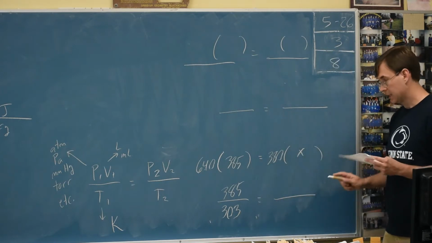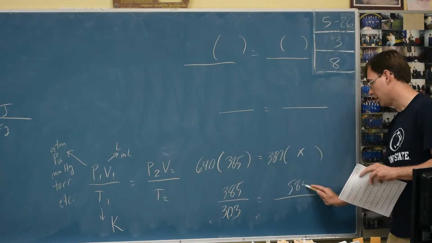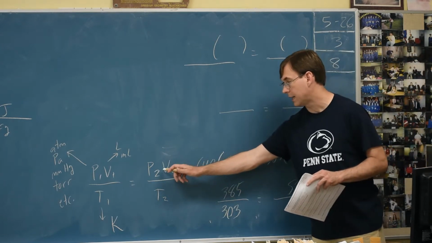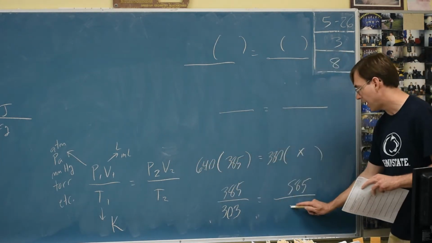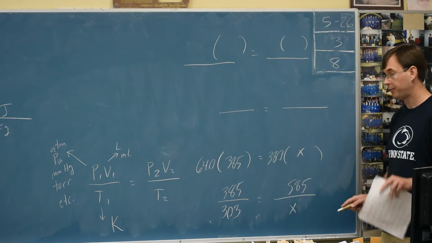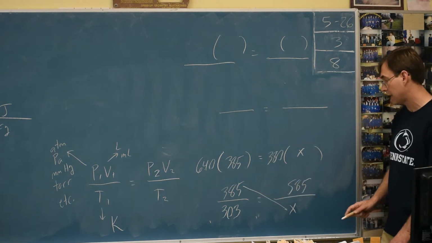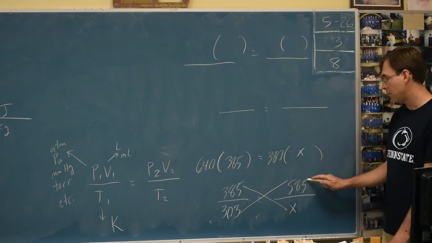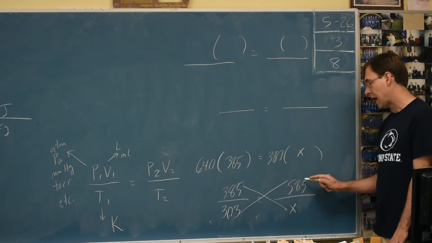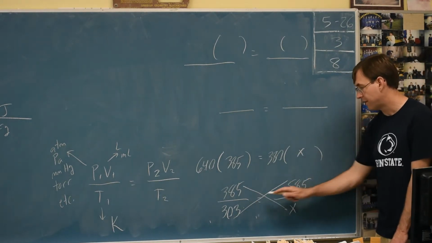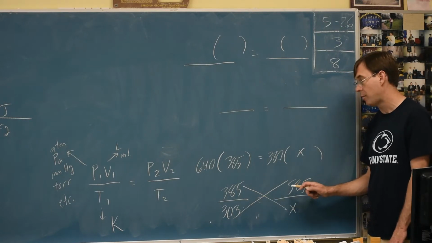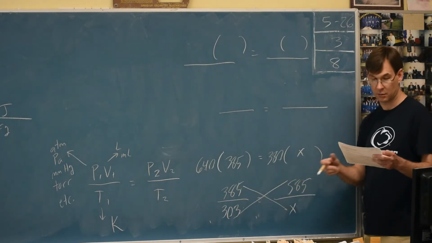In the second sentence, the 585 is the milliliters, which is the top, because that is a volume. And then I have an X on the bottom. To solve this, I cross multiply. 385 goes with X. 303 multiplies 585. After you multiply 303 and 585, you'll have to do an opposite and divide by the 385.